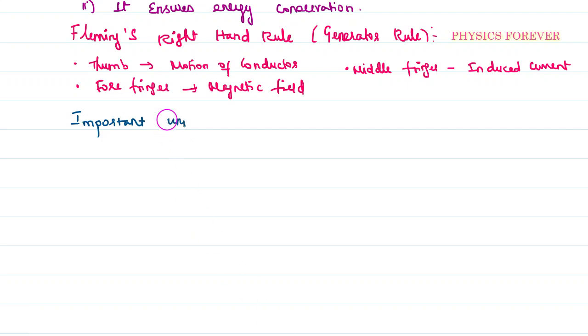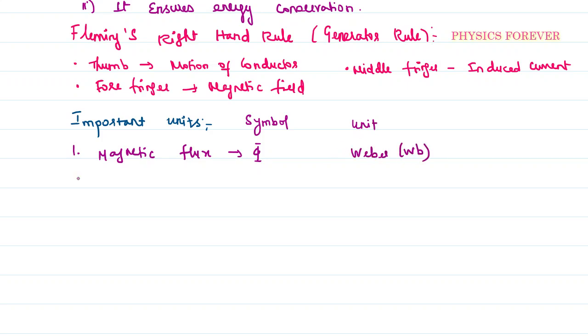First one, magnetic flux. The symbol can be written like this, and the unit is Weber.